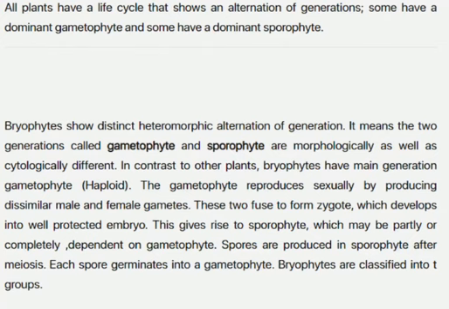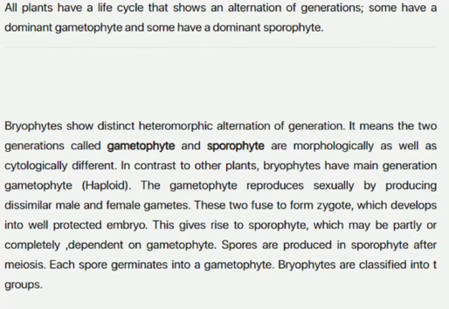You know that gametophyte plant is the plant which produces gametes, and these gametes are of two types, male gamete and female gamete, to form zygote, which develops into an embryo. This embryo gives rise to sporophyte.